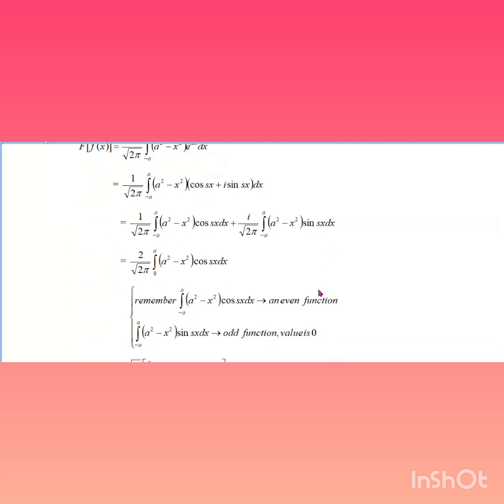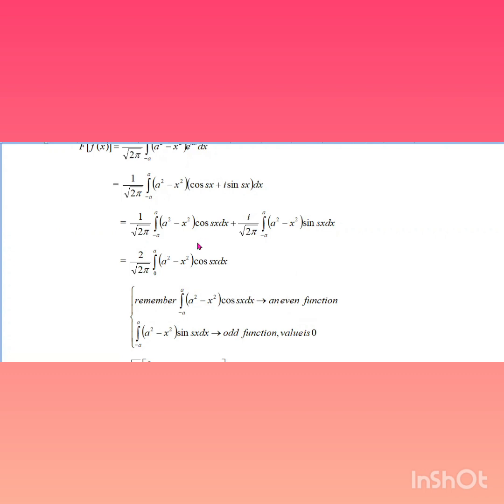So for the second integral, a square minus x square is an even function, sin sx is an odd function. So the product of an even function and an odd function is an odd function.